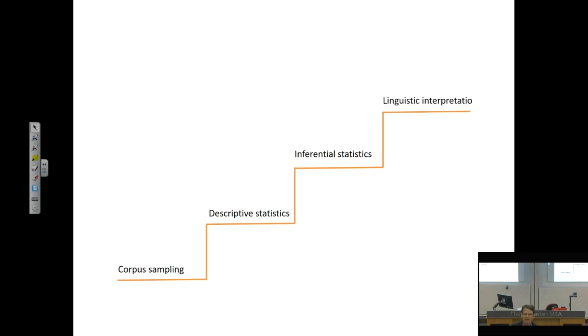We start with corpus sampling. We have descriptive statistics. We have inferential statistics, and now you know all about inferential statistics. And obviously then we have the linguistic interpretation.